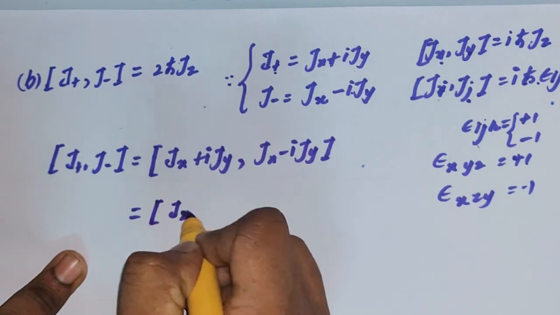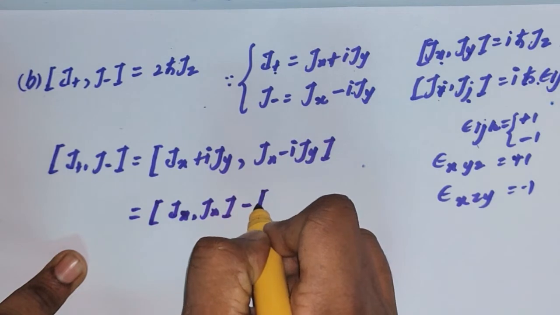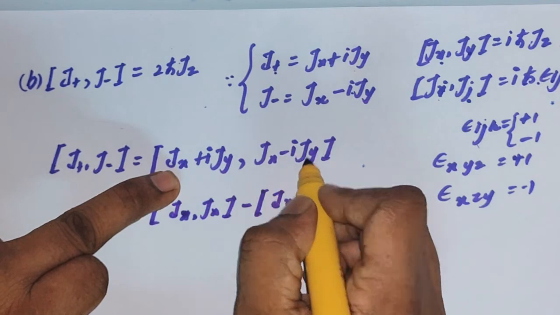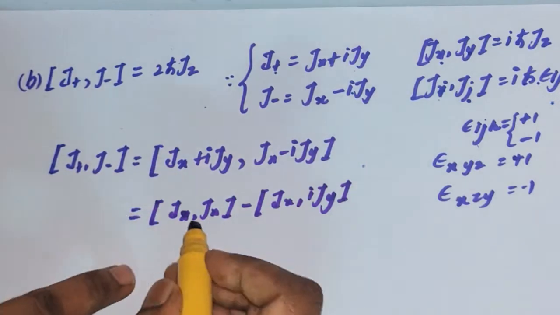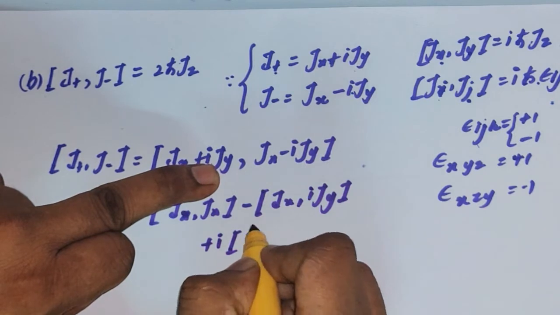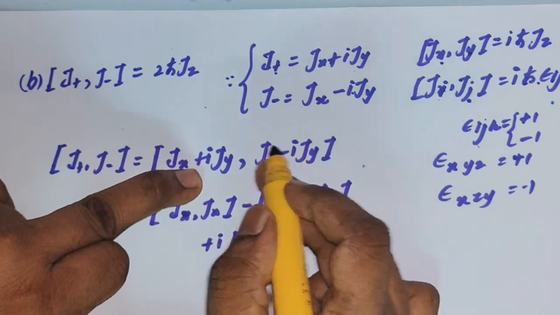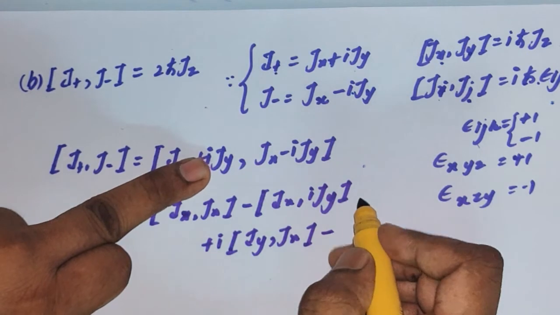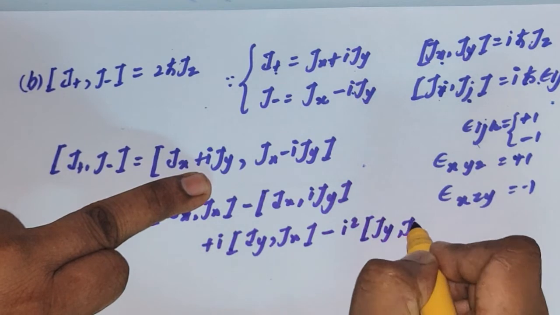So jx commuting with jx, then jx commuting with minus i jy, already we took the minus i out, jy, next plus i, this jy commuting with jx, then here plus i jy, here minus i jy, so you have to write minus i times i squared inside the bracket [jy, jy].